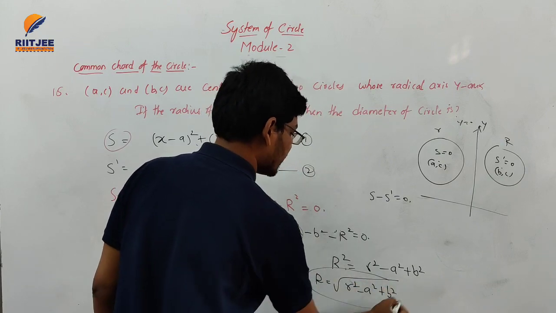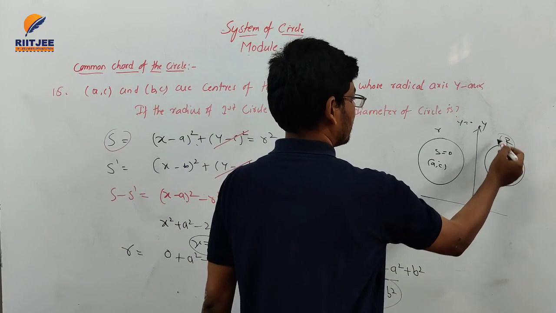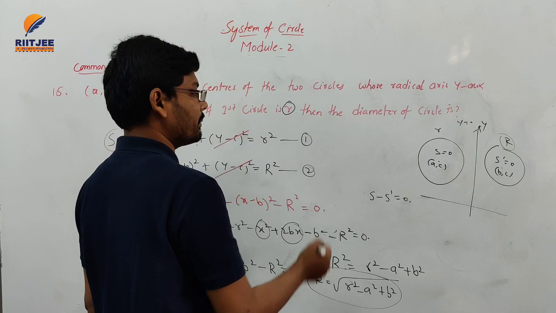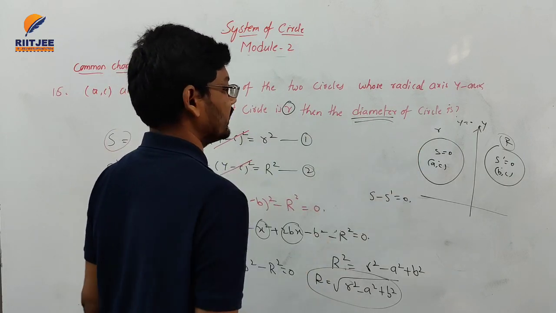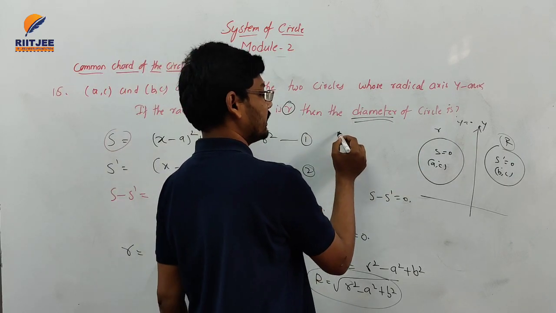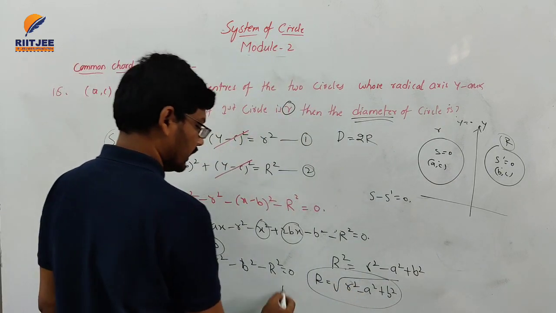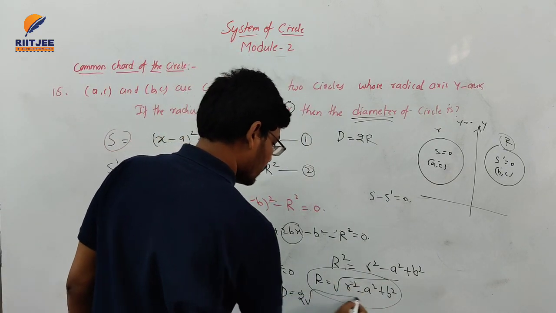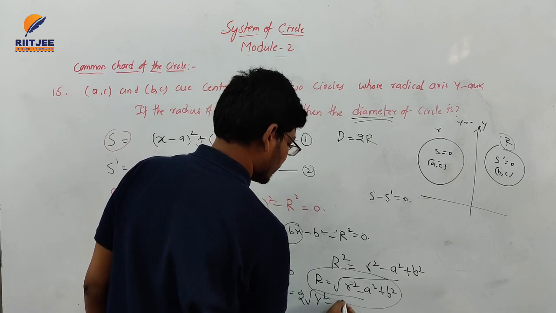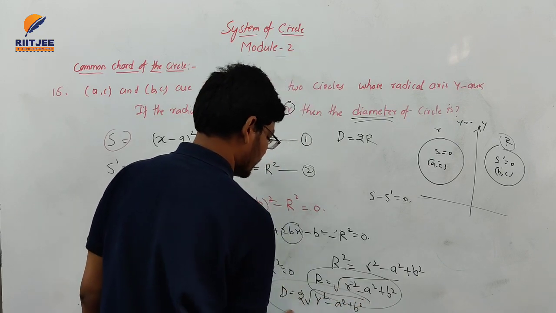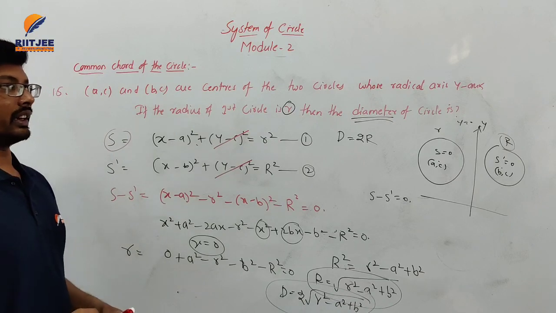This is only R here. Then the question is asking to find the diameter. Diameter is nothing but d equal to 2 into R. So if you multiply this with 2, d is equal to 2 into square root of r square minus a square plus b square. This is the solution for this question here.